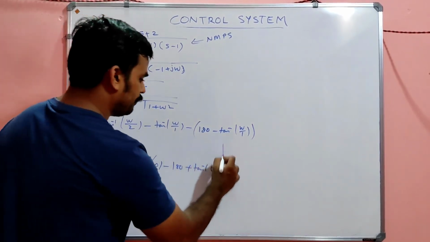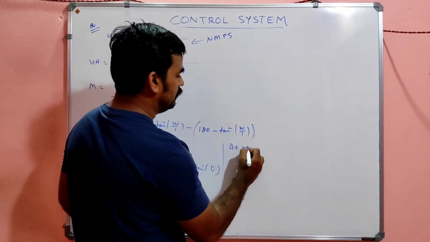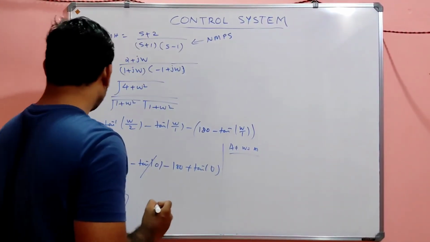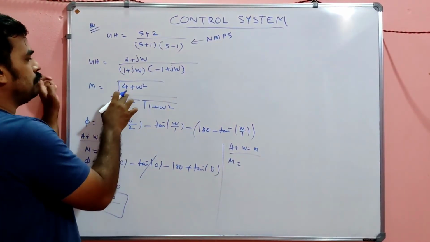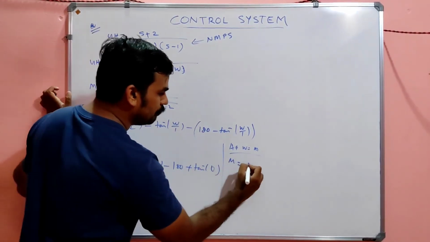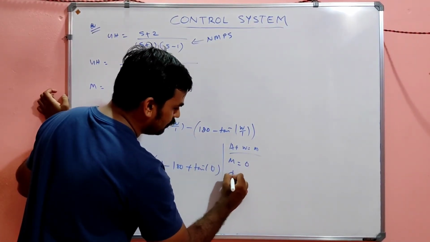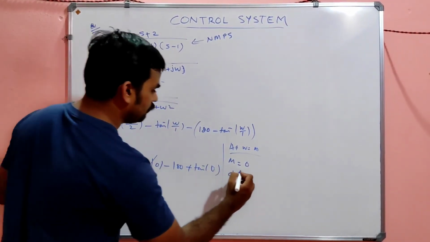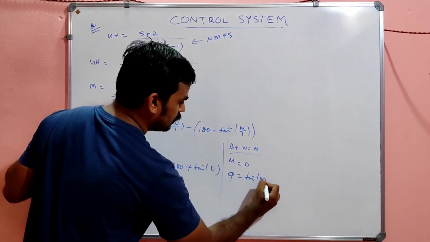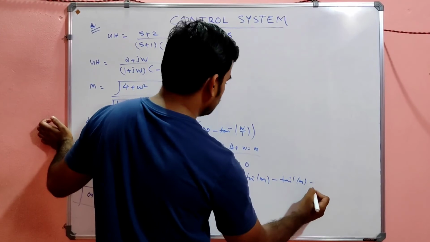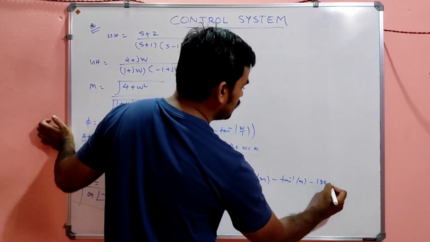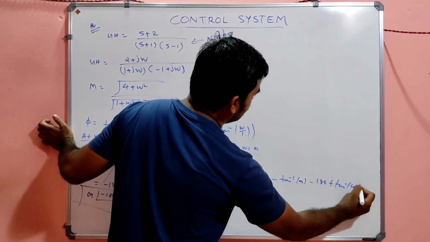Keep it with us. At omega equal to infinity, what happens, my dear? What will be the magnitude? 1 by infinity, so it will be 0. And what will be the phase angle now? Tan inverse infinity minus tan inverse infinity minus 180 plus tan inverse infinity.